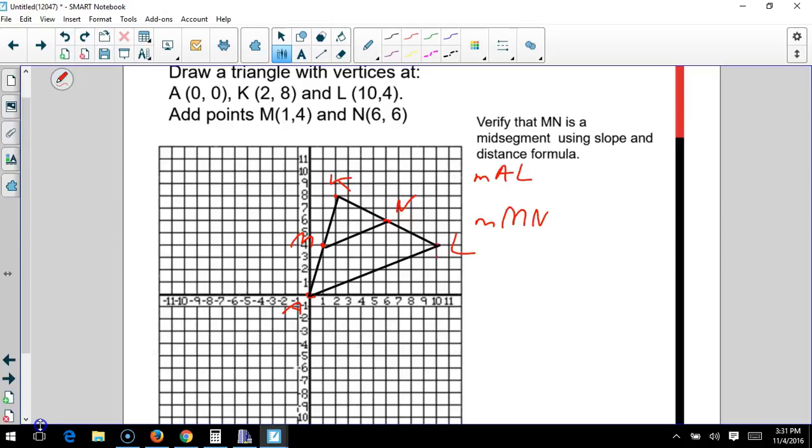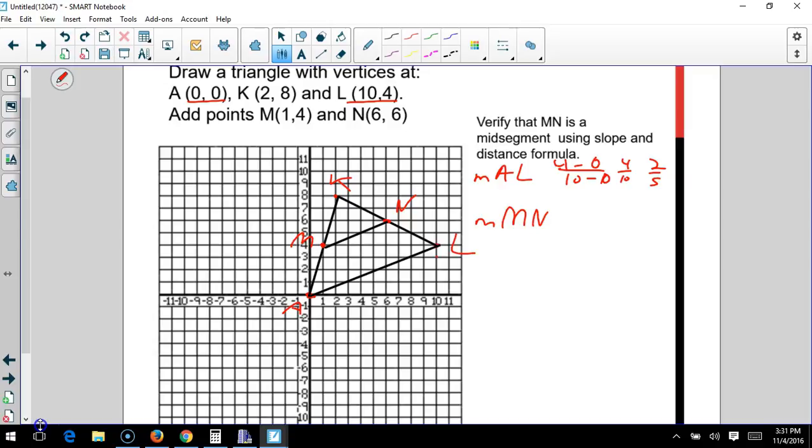So AL, and so A and L, we're going to find the slope. So y minus y over x minus x is going to be 4 over 10, or 2/5.